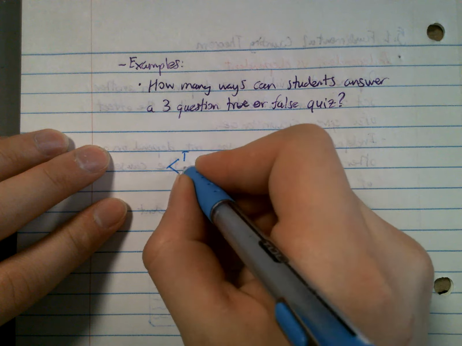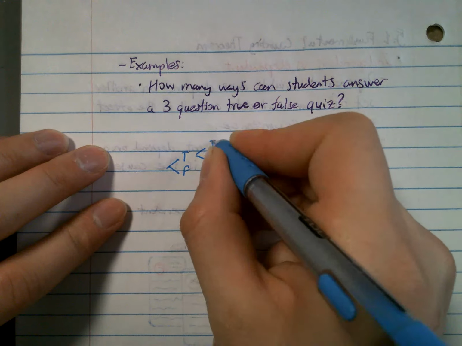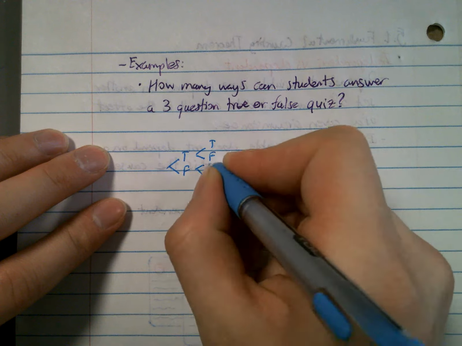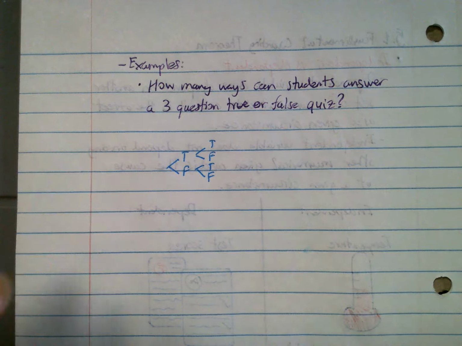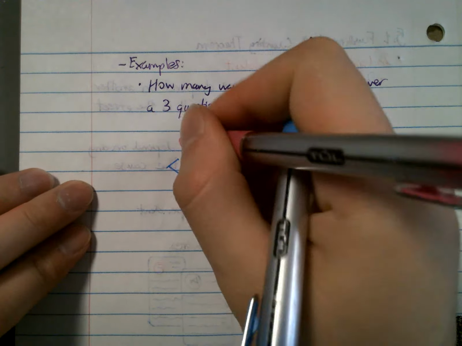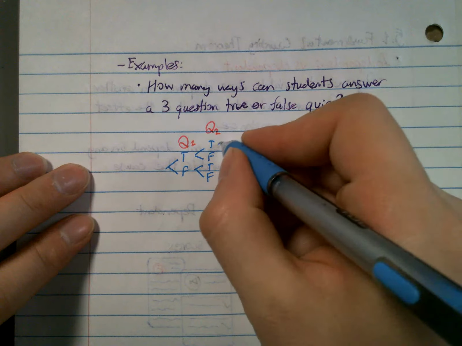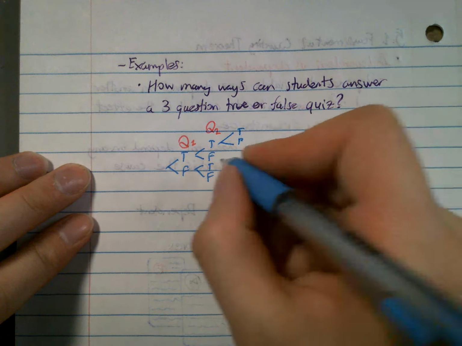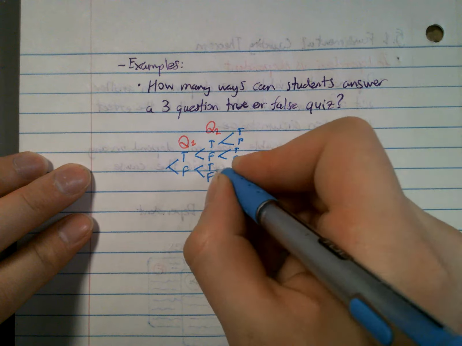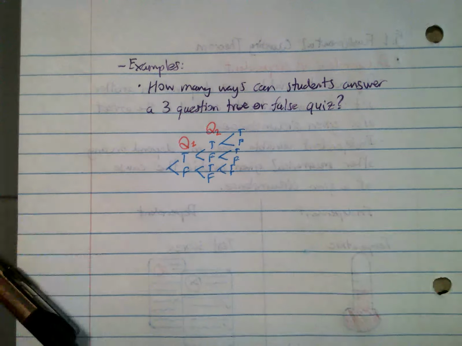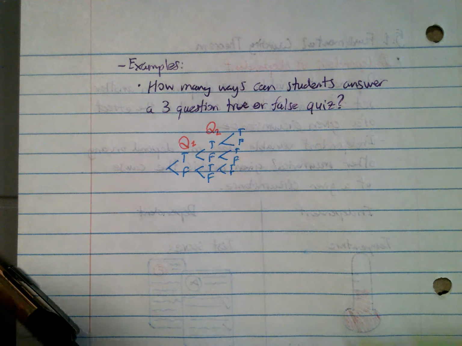Okay, so you have true or false. There's question 1. True or false? This is 1 question. This is 2 questions. I always mess up the spacing on these things.